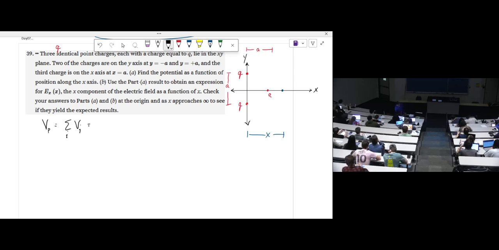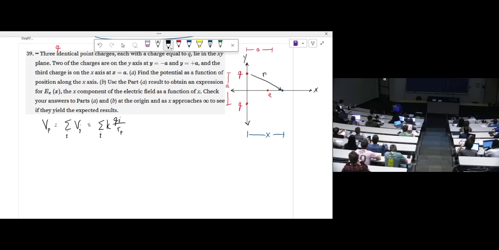Specifically, since these are point charges, this would be the sum over i of the charges, the 3 charges, divided by their distance from the point P. So what is this distance?